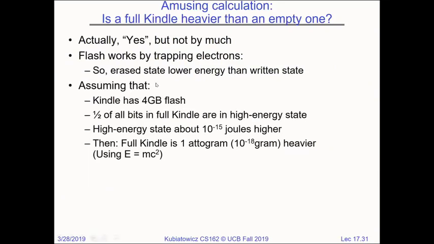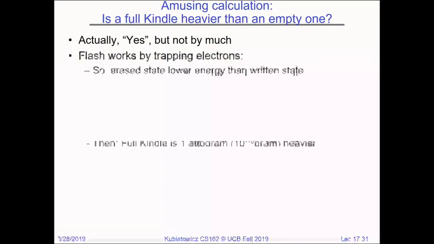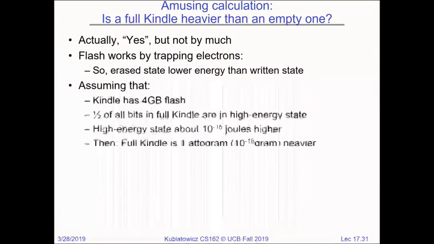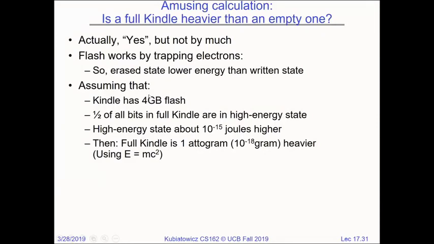Now we could say, look, the original Kindle had 4 gigabytes of flash. Half of all the bits in a full Kindle are going to be in the high energy state. Why half? Because I'm going to assume that, if you averaged the number of ones and zeros over all of the books you've got on there, you come out about half, right? The high energy state is about 10 to the minus 15 joules higher than the low energy state. That's minus 15, by the way.